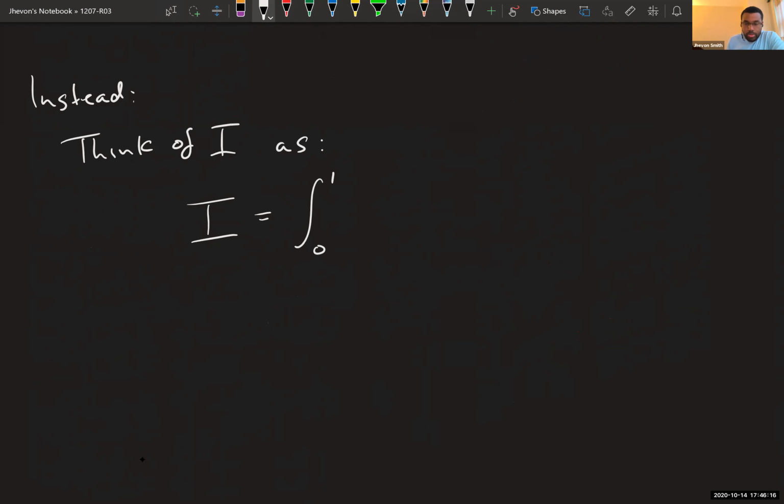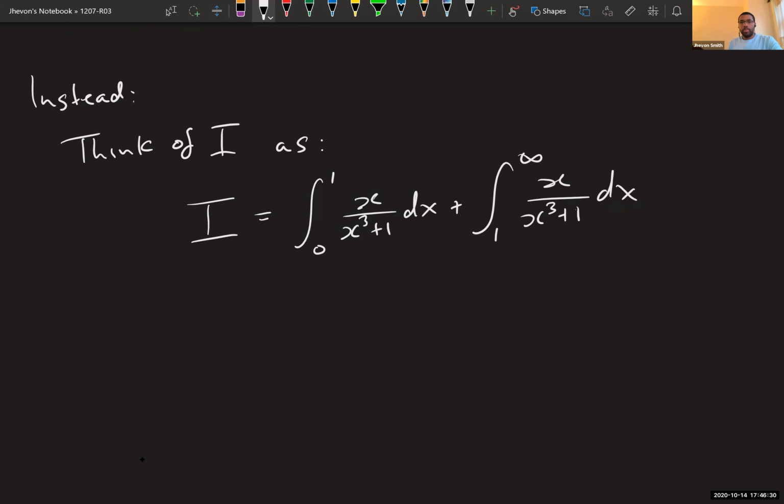What I can do is integrate from 0 to 1, and then integrate from 1 to infinity. Right? Now, the benefit of that is, while I don't know what this is, that's definitely a number.